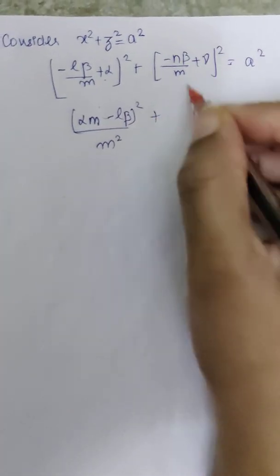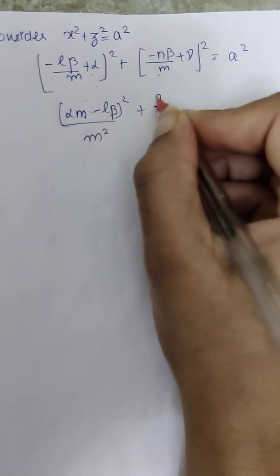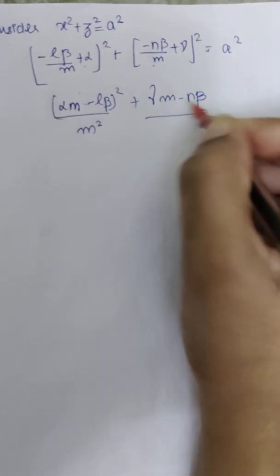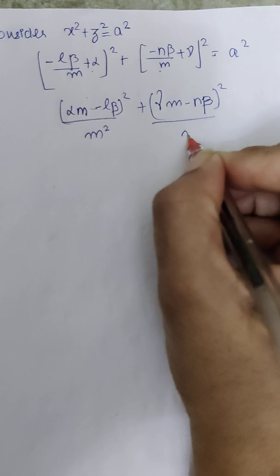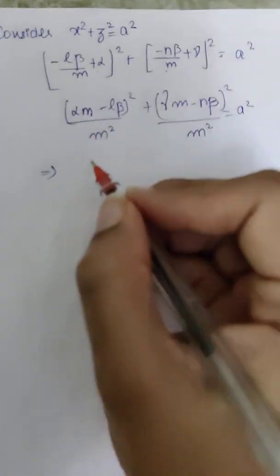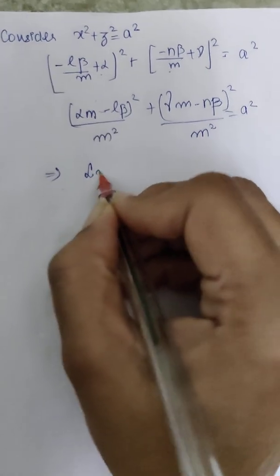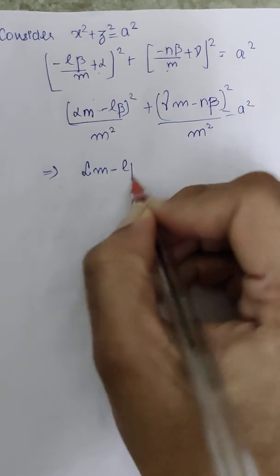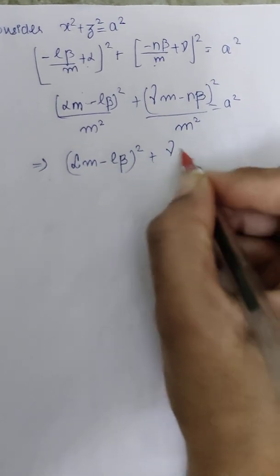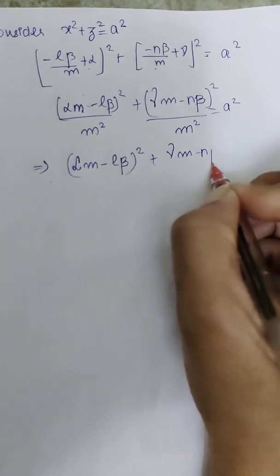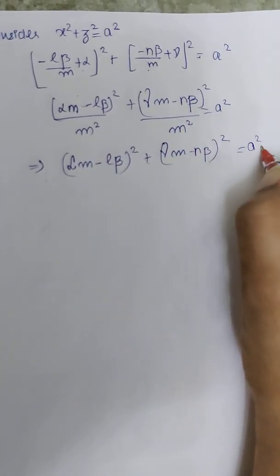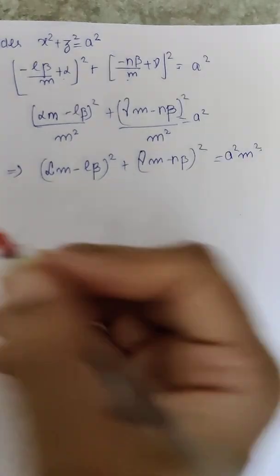If I'm going to take an LCM, gamma m minus n beta whole square divided by m square equals to a square, implies alpha m minus l beta whole square plus gamma m minus n beta whole square, because m square is common, I'm going to send it to the other hand side, it's going to become a square into m square.